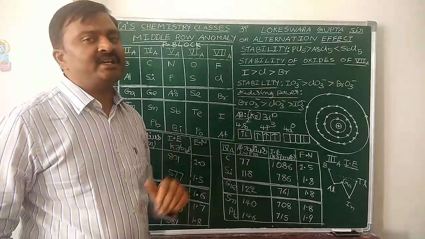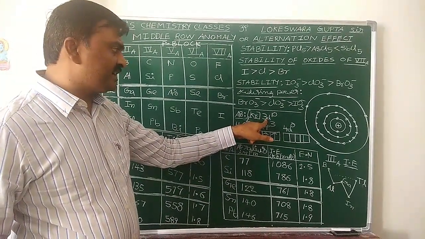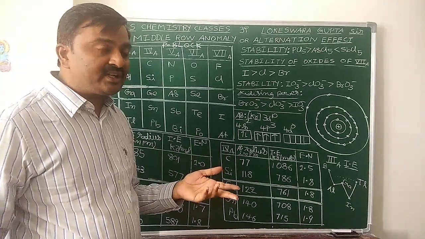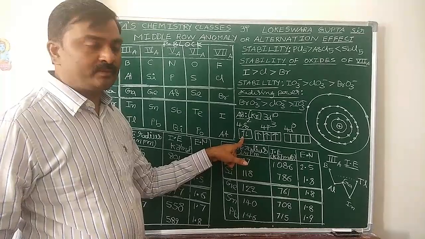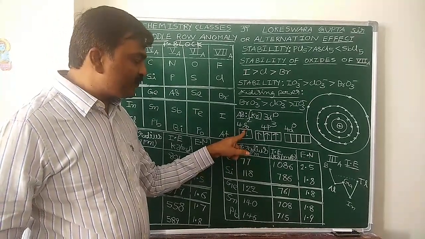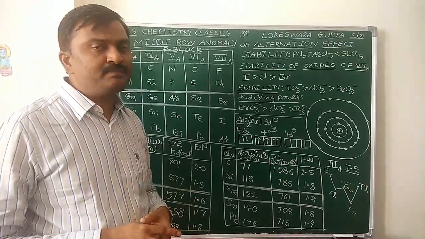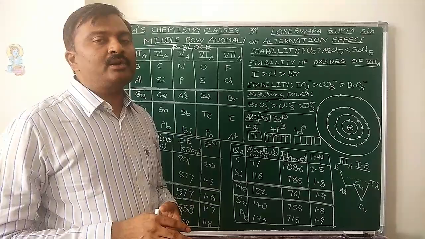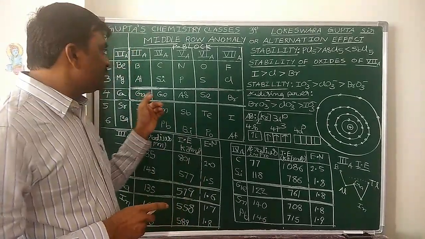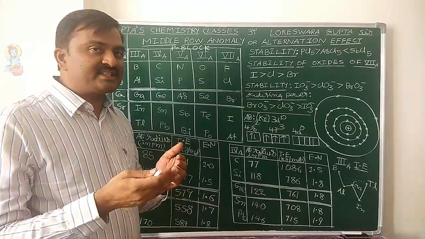possible, pentahalides possible. But for the 3d10 electrons, poor shielding effect, so nucleus attraction over the 4s electrons is more. For jumping from 4s to 4d, more energy is required. So this jumping is difficult. So that's why, due to the middle row anomaly, fourth period elements of the p block are less stable in their higher valency.